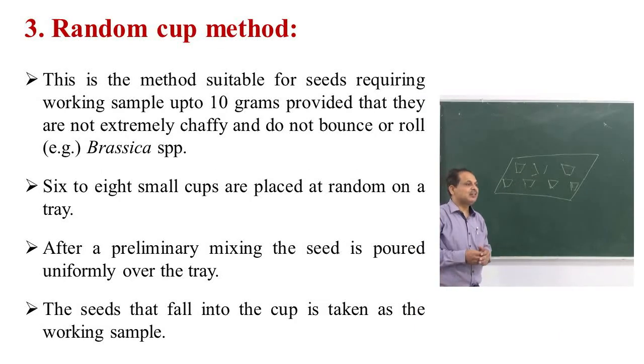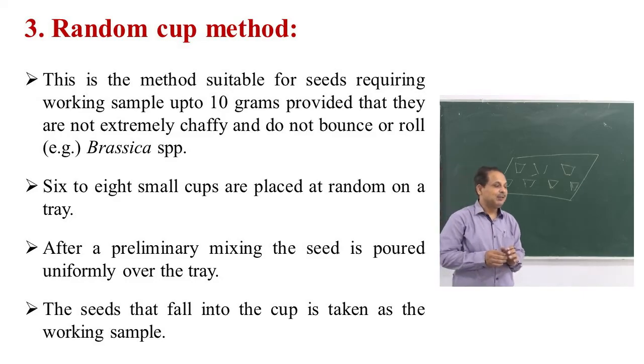The next one is the random cup method. This method is suitable for seeds requiring working samples up to 10 gram, provided that they are not extremely chaffy and do not bounce or roll, for example in case of this has seeds. Here, 6 to 8 small cups are placed at random on a tray after the preliminary mixing.